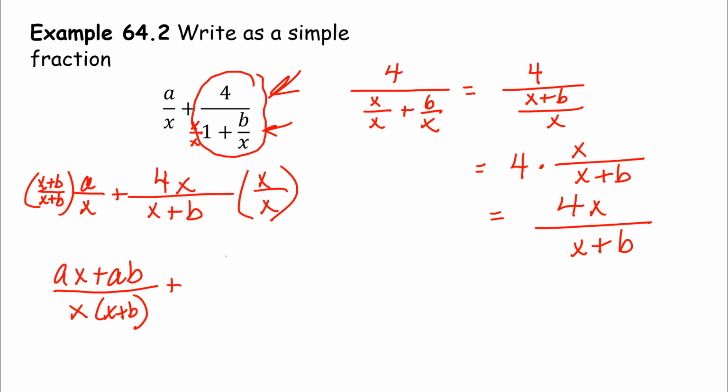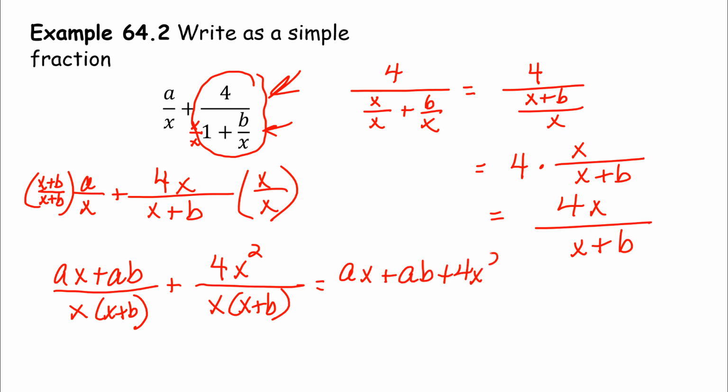And the second fraction is going to become 4x squared over x times x plus b. And now we can just add up the numerators, ax plus ab plus 4x squared all over x times x plus b. And that is a simple fraction with no fractions in it.